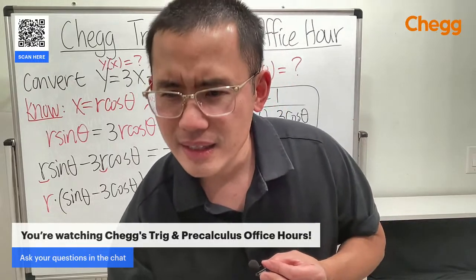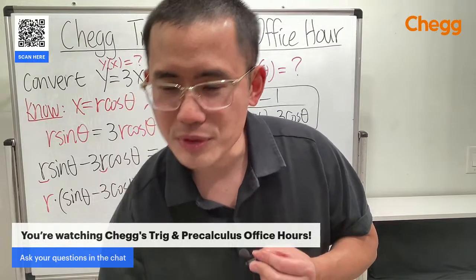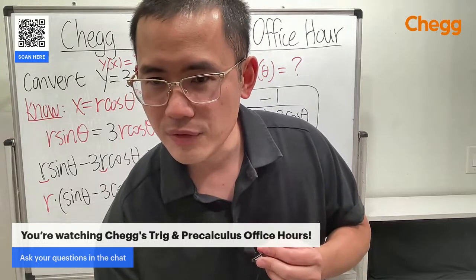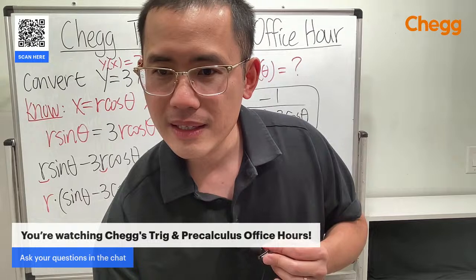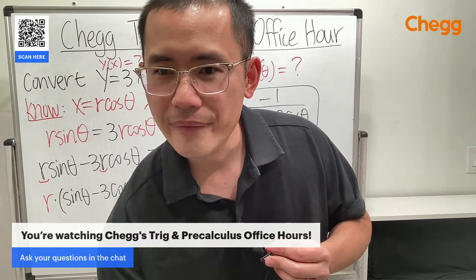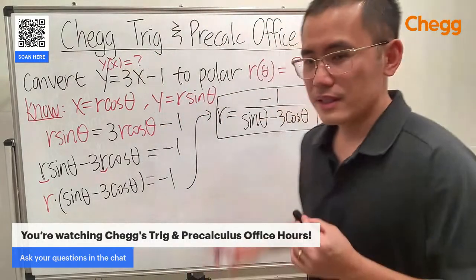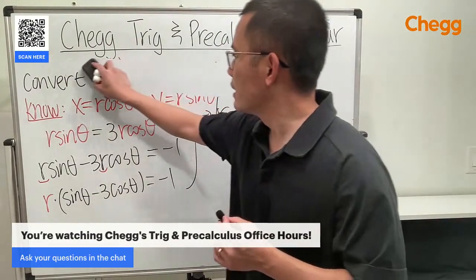If you want me to solve a trig equation, just give me a specific one. That would be easier for me to help you. All right, let's talk about how we can solve that equation.